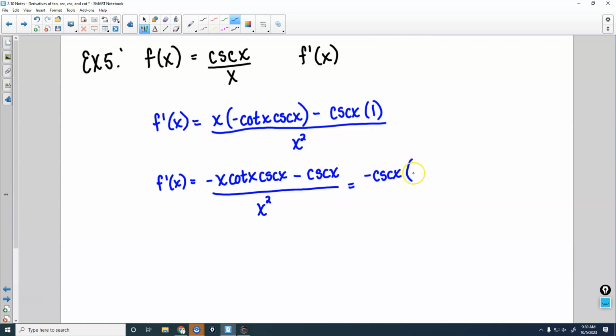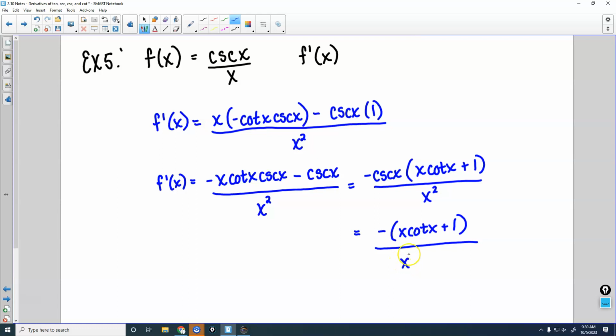So if you did that, you would have x cotangent x plus 1 over x squared. Yeah, it's the same. They might do this: negative cosecant x times x cotangent x plus 1, over x squared.